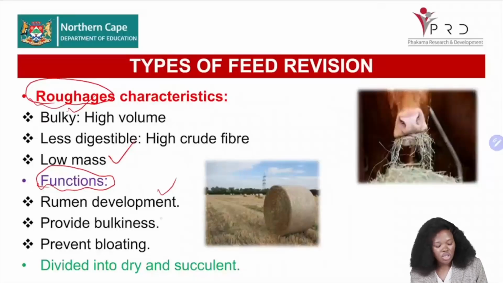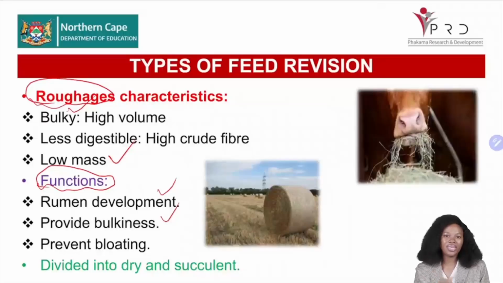Another one, it contributes to the bulkiness. Roughages provide bulkiness simply because they have high volume. Also, they prevent bloating, which is the accumulation of gases such as methane and carbon dioxide.